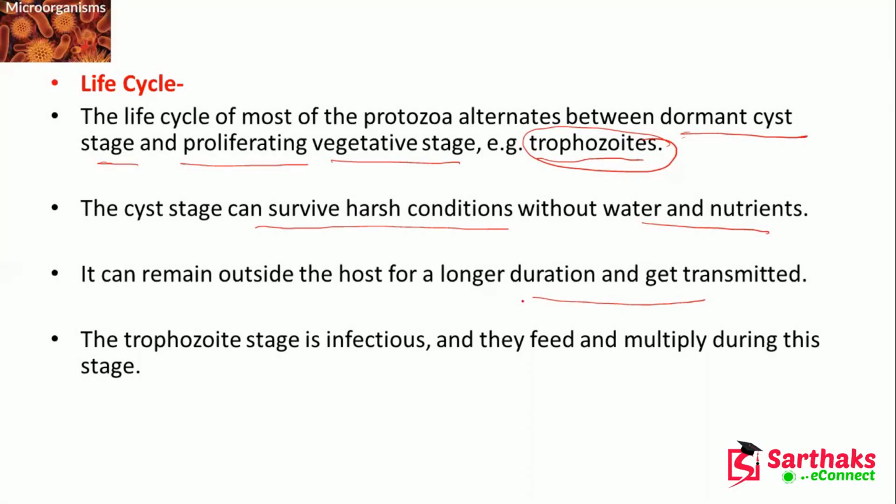During its life cycle, a protozoan generally passes through several stages that differ in structure and activity. Trophozoite is a Greek-derived term.